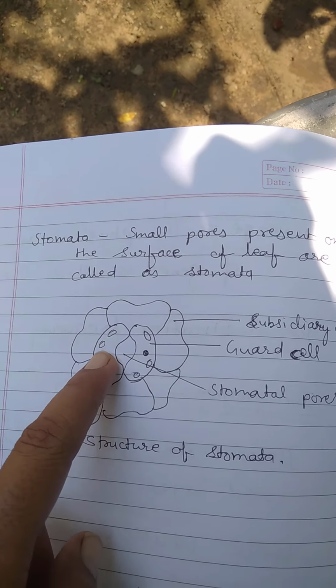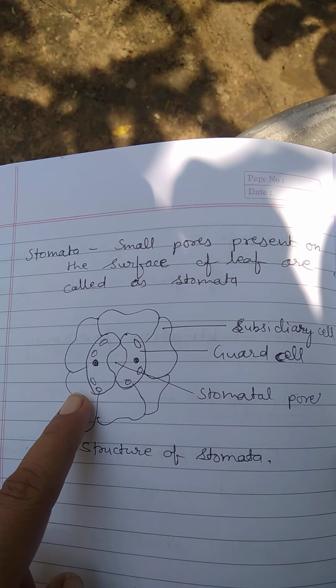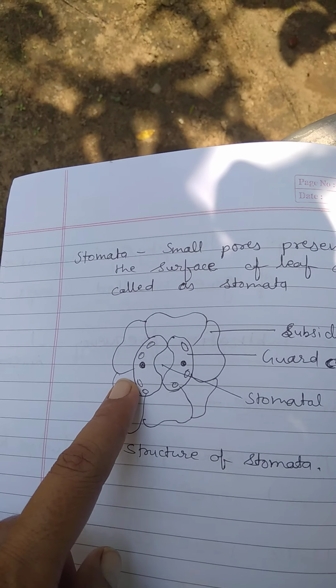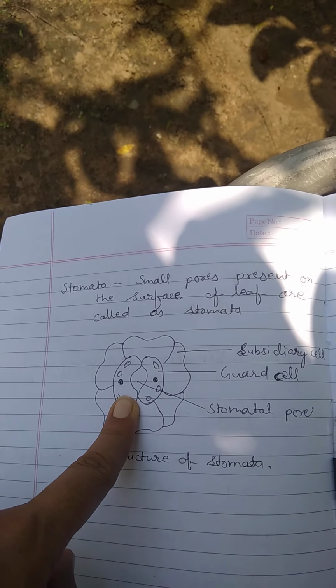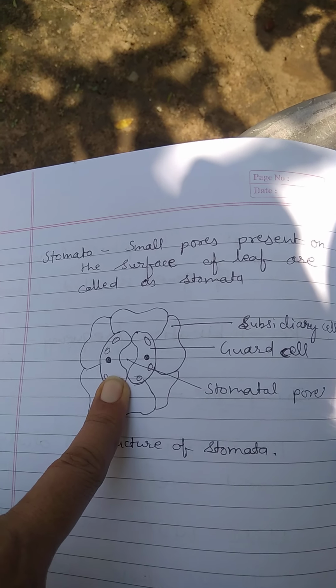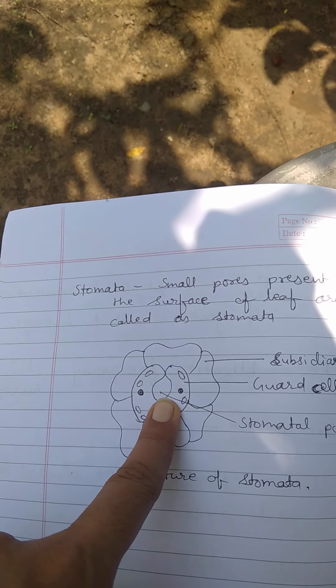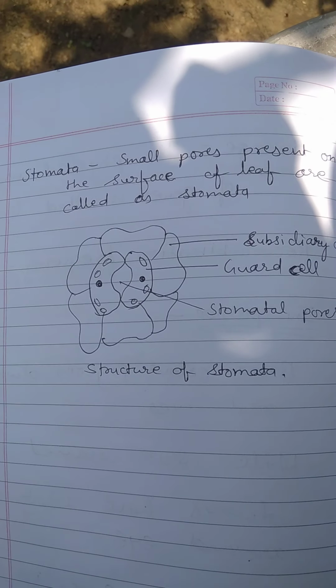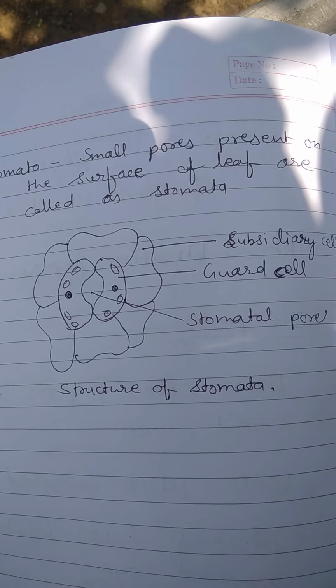But when the guard cells lose the potassium and other ions, they also lose water to maintain the osmolarity of the guard cell. In this way, the guard cell becomes flaccid and it closes the stomatal pore. So, opening of the stomatal pore is governed by the turgidity of the guard cells.